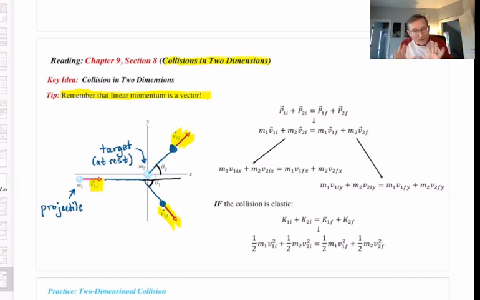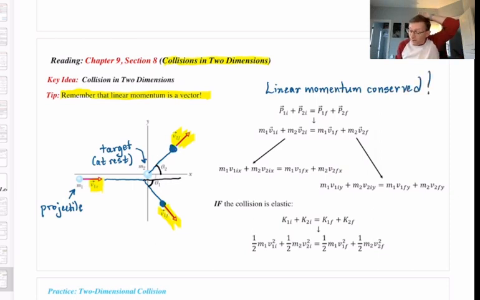Okay, so I just want to make sure that you understand what picture we're envisioning here. But like I said, there's no new physics. It's a collision. The system is the two things that collide. The key physics is that the linear momentum of this system is conserved. That's the physics.